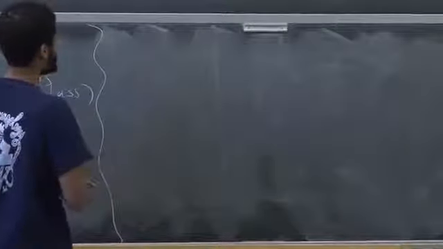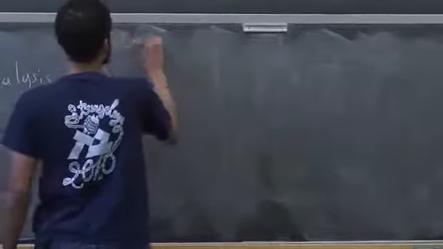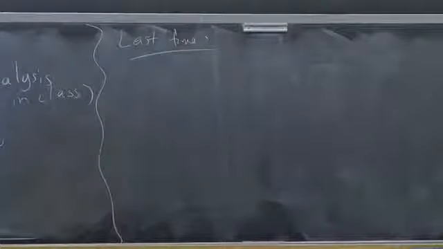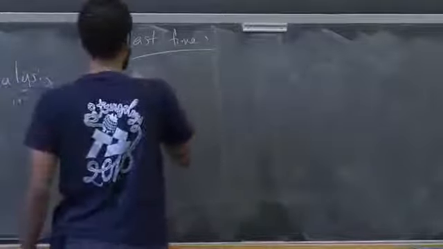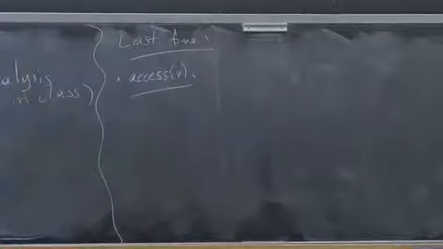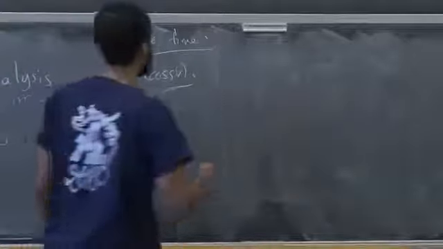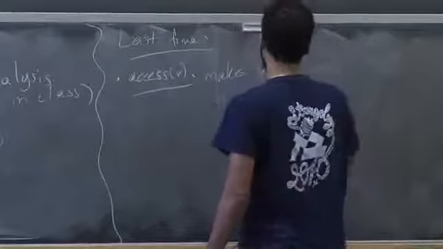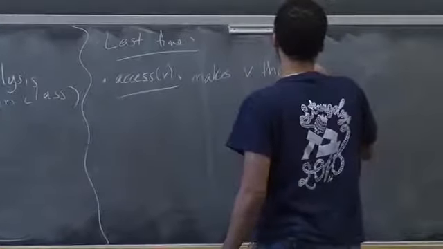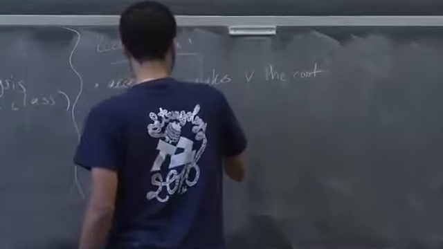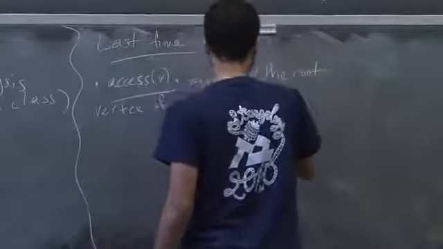So if you remember last time, the way we implemented access, we had this subroutine called access, which was performed on a vertex. Basically, it makes the vertex the root of the tree of aux trees.